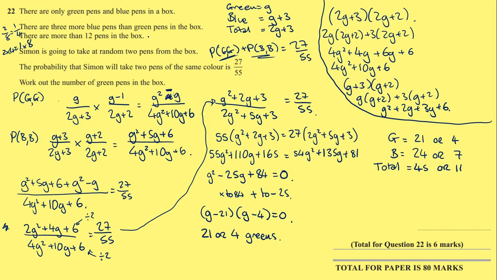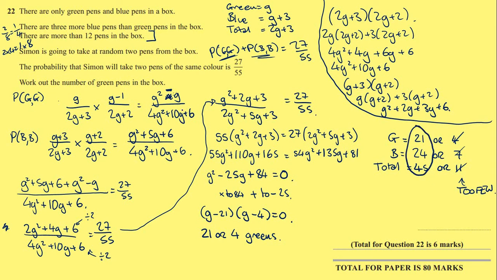Now look back to the question. It says there are more than 12 pens in the box, which means that this column here doesn't work. There's too few. So this column here is the one that we want.